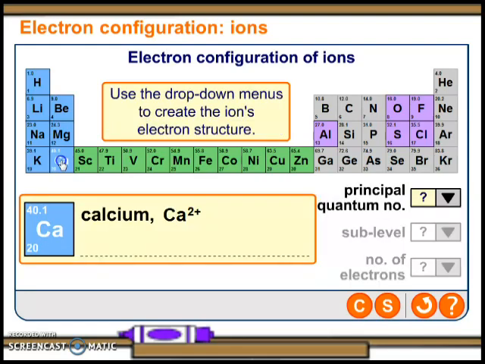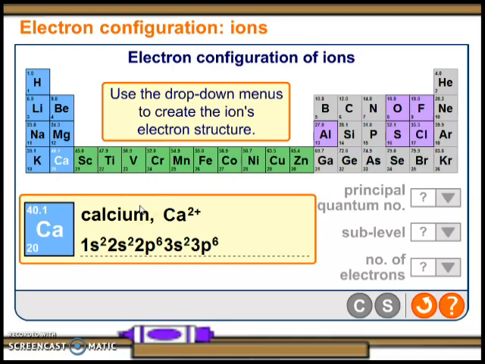The calcium ion, however, has 2 electrons less. Hence, the electron configuration for Ca2+ is 1s2, 2s2, 2p6, 3s2, 3p6.